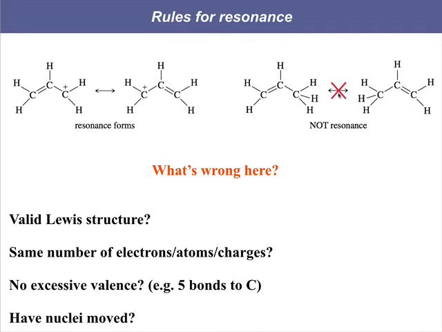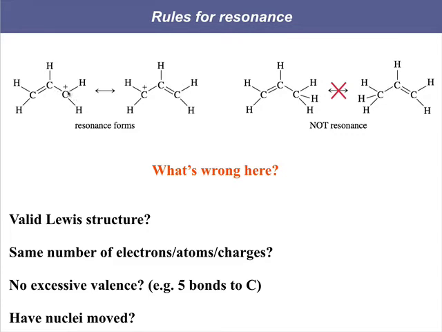We've got the same number of atoms, same number of each atom type, same number of electrons. That is not the problem. Same charge, it's neutral and neutral. That's not the problem. Do we have any excessive valence? For example, do we have any cases where we accidentally drew 5 bonds to carbon? Again, that would technically be an invalid Lewis structure, but no, we don't. All of these have the correct valences.